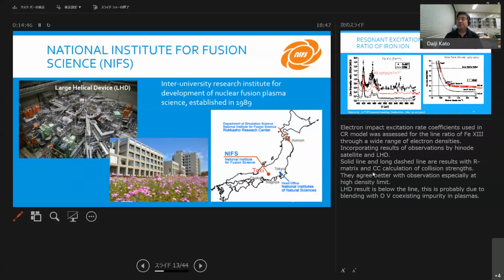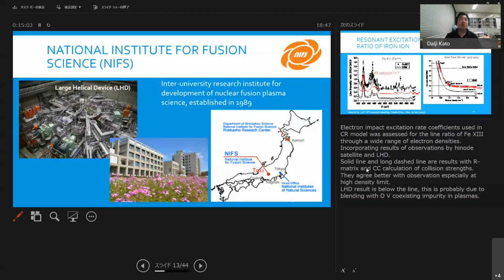The electron impact excitation rate coefficients used in the CR model were assessed for the line ratio of iron 13 through a wide range of electron density, incorporating results of observation by the Hinode satellite and LHD.